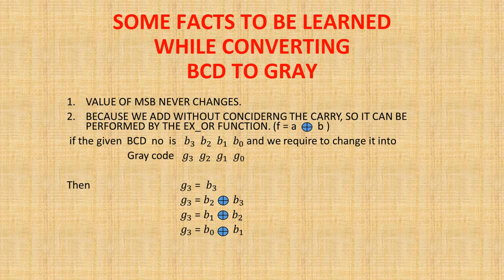We can understand the XOR function as a detector of an odd number of ones in the operation. It means if the 1s are in odd number in the bits to be added, the answer will always be 1. So we can represent the conversion function as shown on your screen.